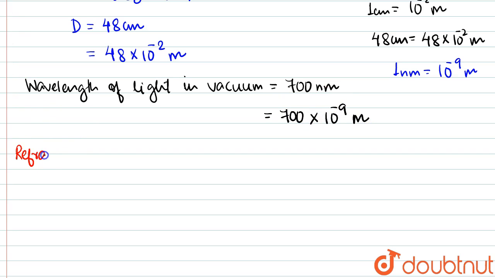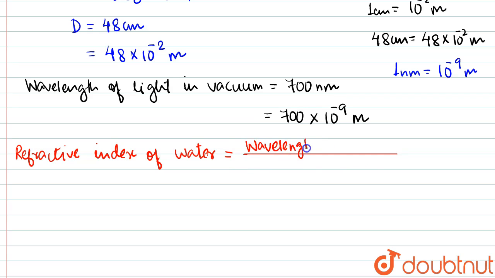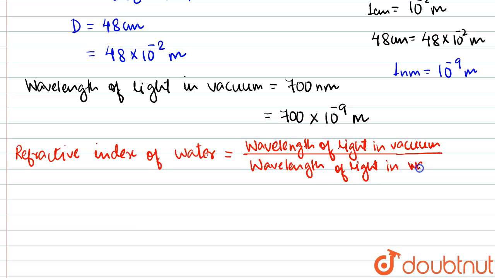We will have a refractive index of water to be equal to wavelength of light in vacuum upon wavelength of light in water.